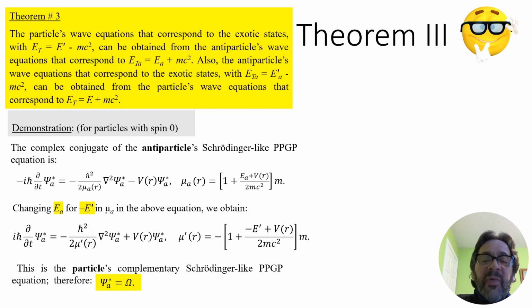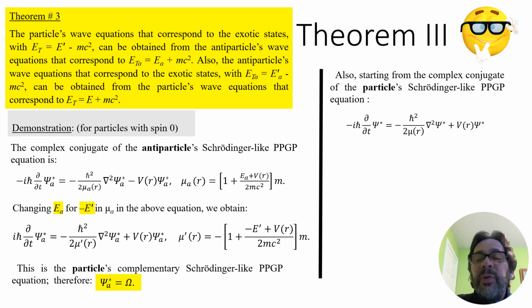Therefore, we have found a relation between the exotic state of the particle and a common state of the antiparticle. The two wave functions corresponding to this state are related by a complex conjugate operation.